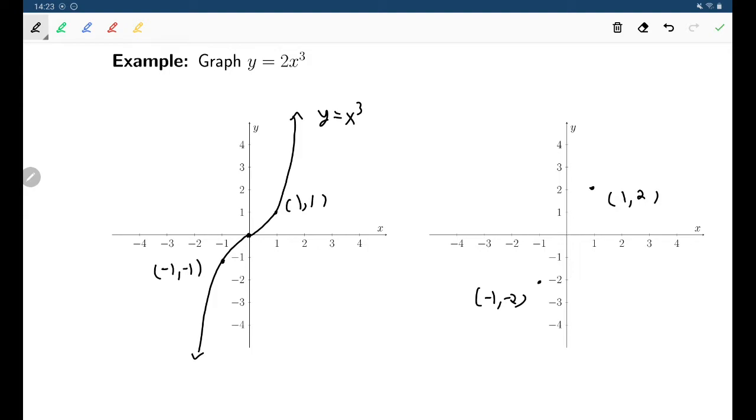And (0, 0) is going to stay where it is. Anybody who has a y-coordinate of 0, multiply it by 2, the y-coordinate will still be 0. So that means anybody on the x-axis will stay where it is. So that point (0, 0) stays where it is. And you can see that we've now got a narrower, taller version of that cubic graph.